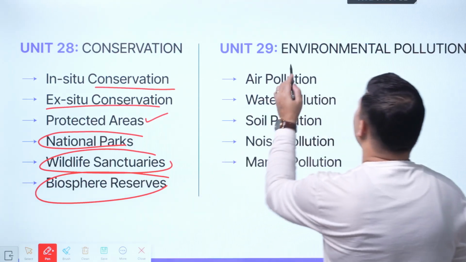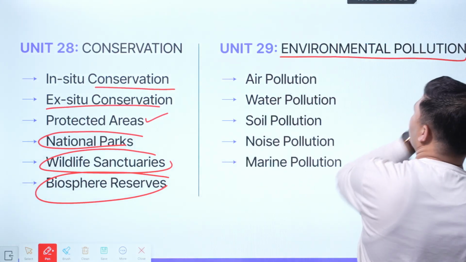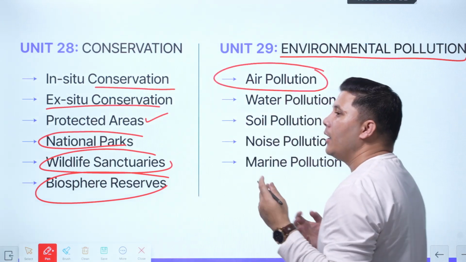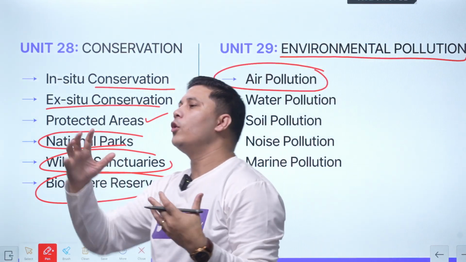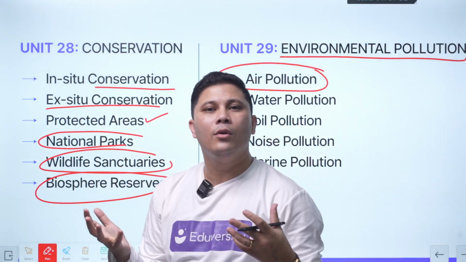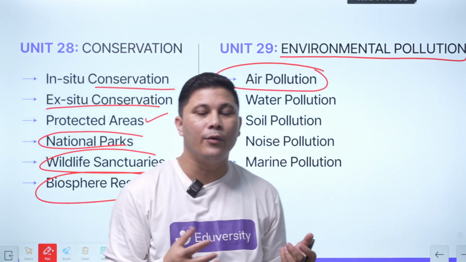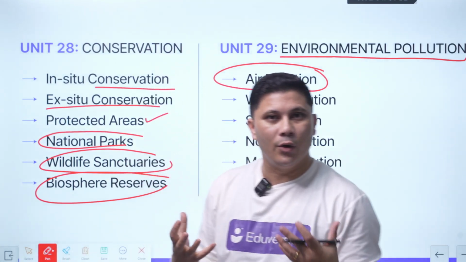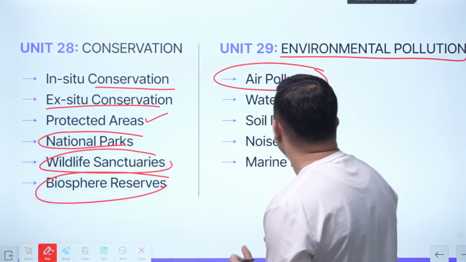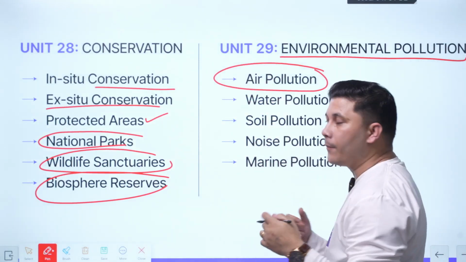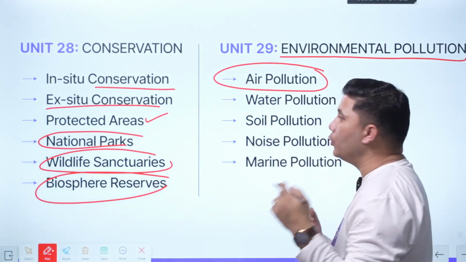Then environmental pollution you will also have to study, where you need to study air pollution. India contributes almost 7.5% of global CO2 emissions, which is a very big emitter.